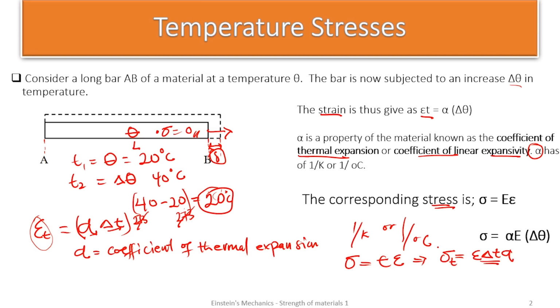This is the induced thermal stress. But let's take note once again. Anytime a bar is allowed to expand without restriction, it has a strain, all right, but the stress induced in the bar is always zero because it is allowed to expand under the action of what? Temperature.